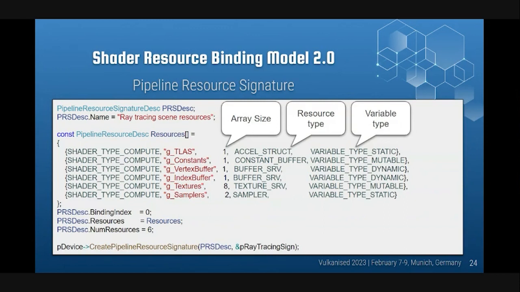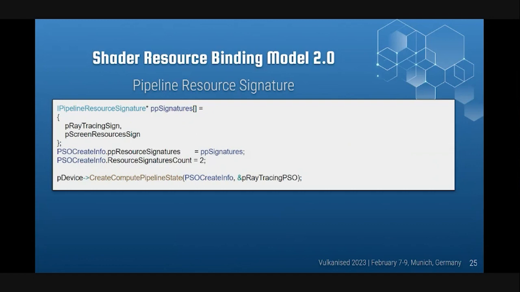So we define the shader stage, the name of the resource, array size, resource type, and the variable type. And so when a pipeline state is created, instead of defining the resource layout, we now provide a list of pipeline resource signatures that this pipeline will be using.